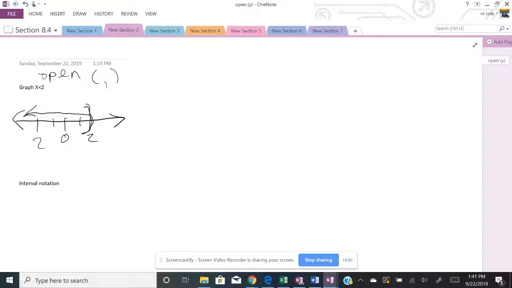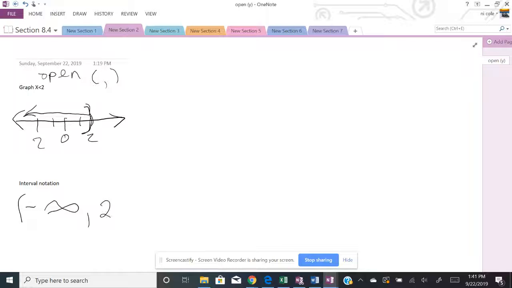It's also going to ask you for things like interval notation. So that means, where does it start? Well, how far to the left is my arrow going to go? And the answer is it's going to go on forever, and that's forever in the negative direction, which we call infinity. So we're going to call that negative infinity, comma. And how far do we go?